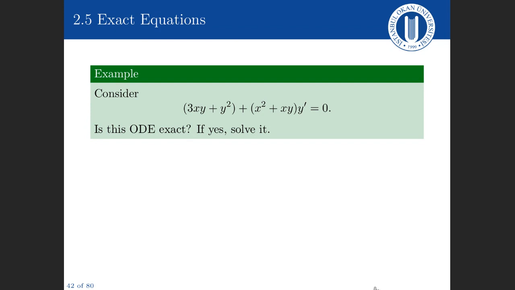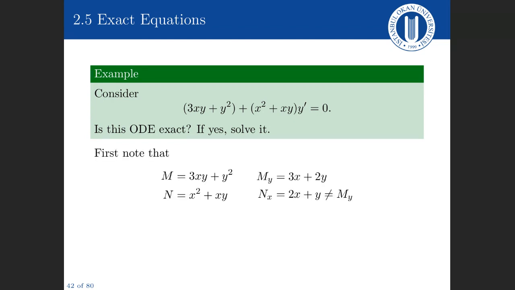Consider 3xy + y^2 + (x^2 + xy) y' = 0. Is this equation exact? And if the answer is yes, solve it. Note that M_y is not equal to N_x.